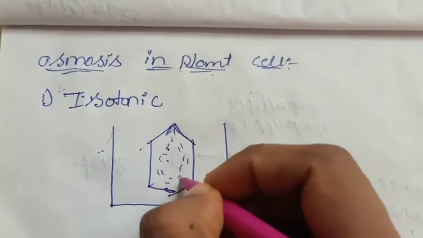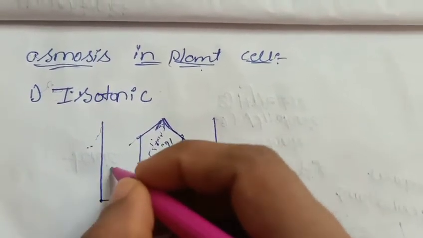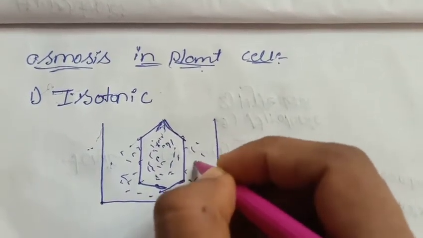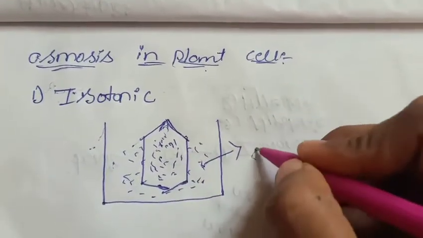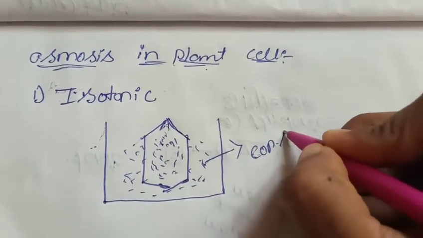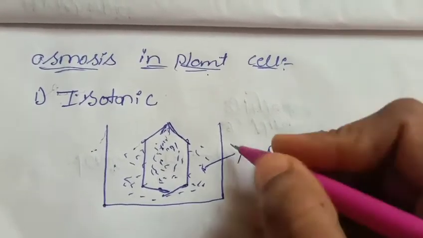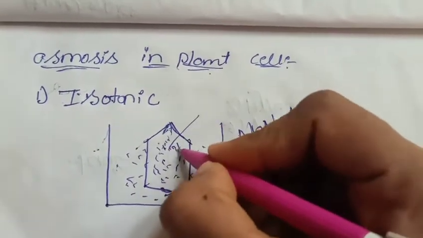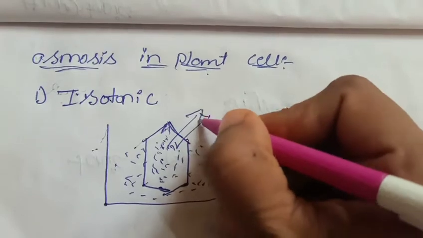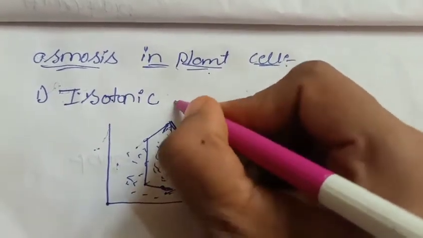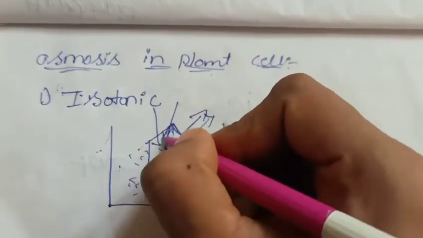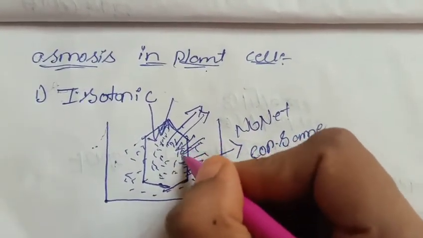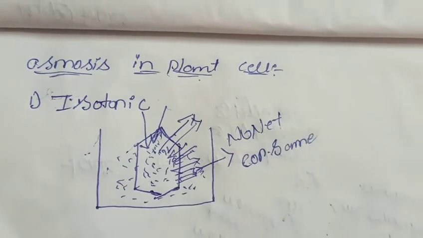The concentration of the material inside the cell and outside the cell will be the same, and there is no net flow. That means if two substances come out, then two substances come inside. If three are coming out, then three will come in. I hope you can understand.